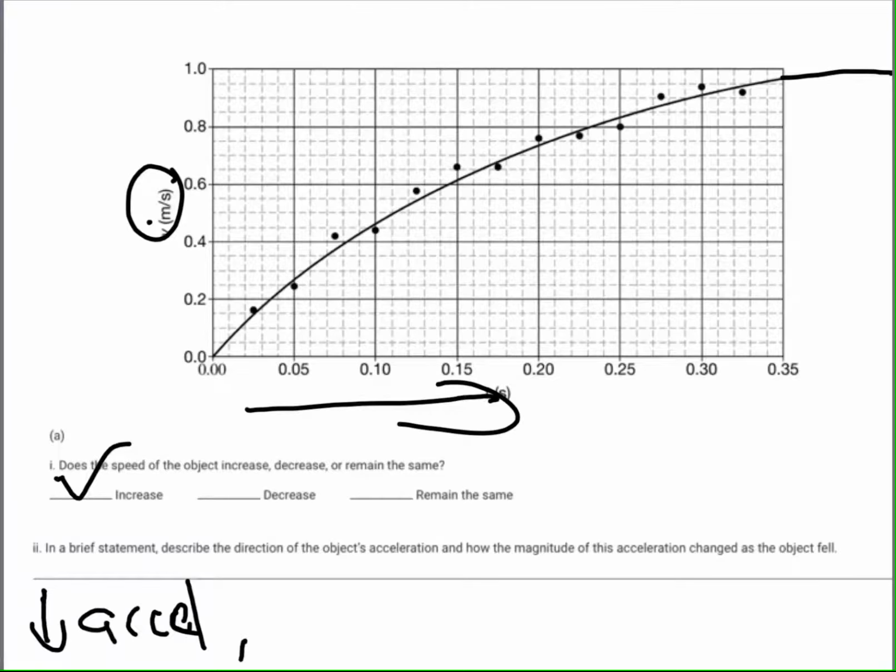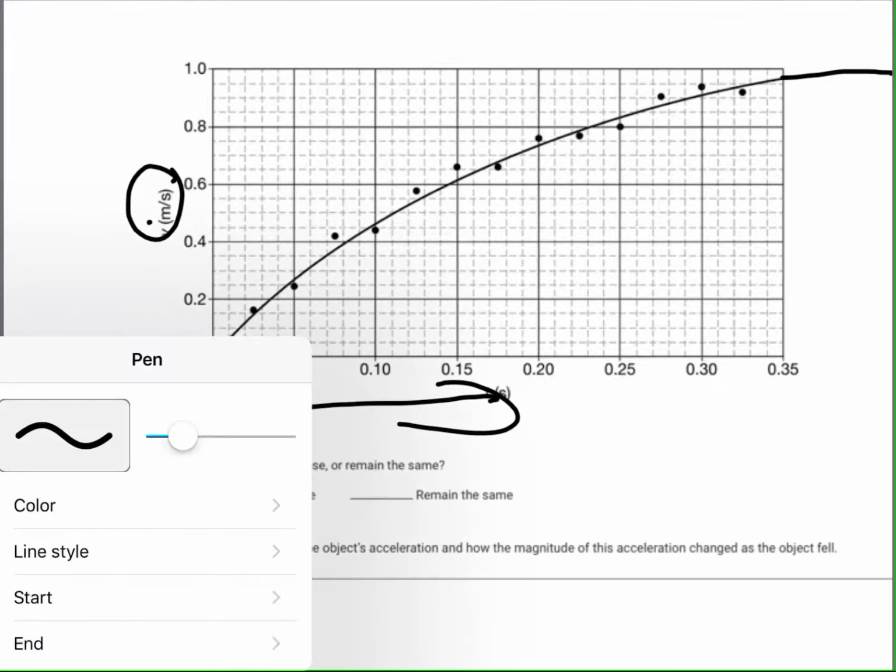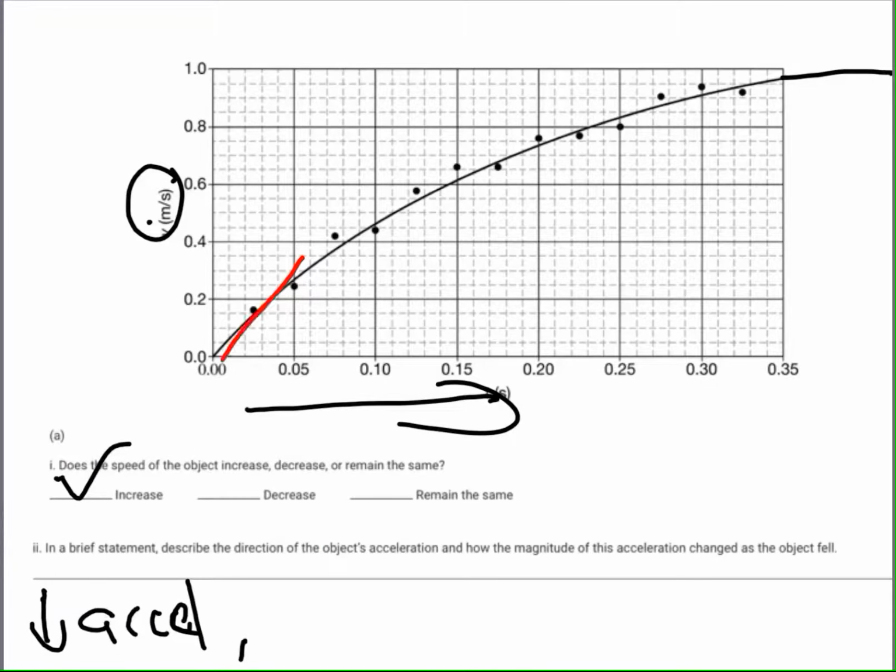Now, what happens to the magnitude of the acceleration? Well, if we remember that the acceleration on a velocity versus time graph is the slope, in the beginning, it's relatively steep, less steep, less steep. So it's getting less and less steep as it goes.